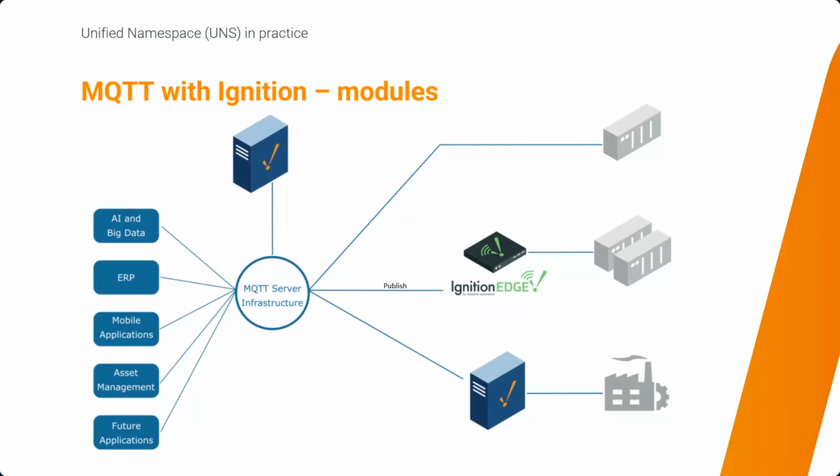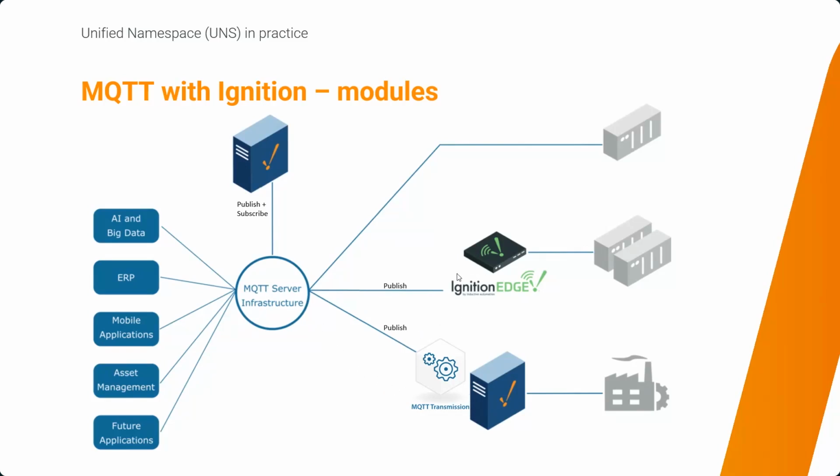In this case, the Ignition Edge is generally able to publish data to a central server. Whenever we use an entire Ignition server that should be able to publish data, we need the MQTT Transmission module. The Transmission module makes it able to send data to a central server.